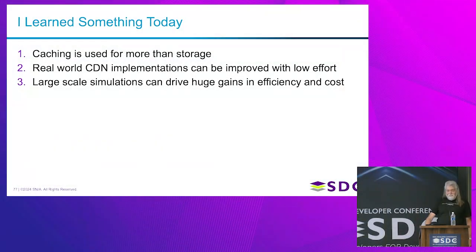And these simulations are suitable for optimizing all sorts of different configurations. It's not just performance optimization, it could be cost optimization, could be power optimization. If you have some other factor that you want to optimize on, we can certainly optimize on that as well. And that was what I was here to talk to you about today.